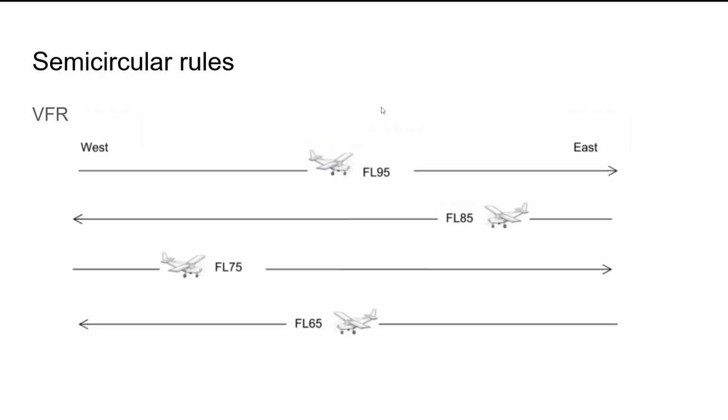The same applies for VFR on flight levels, like flight routes between, for example, countries. If they're flying on a VFR route, they should be on a flight level, like one of these, where it's 500 between. For example, flight level 95, flight level 85, flight level 75.